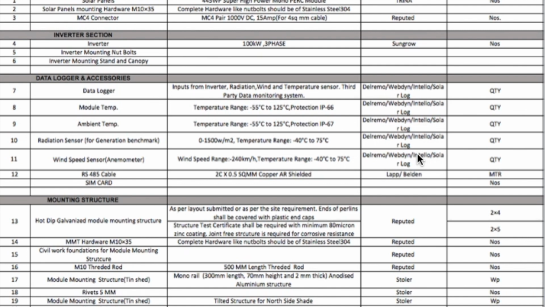In case of tin shed, we generally use aluminum structures, with rivets for connecting it, right? Here we can also give the fabricator name from where we are taking, or we can keep it as a reputed vendor. This is the mounting structure part.